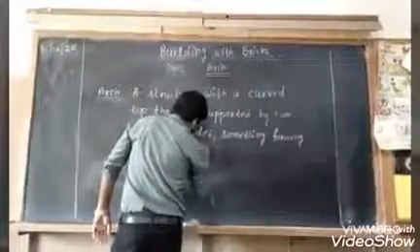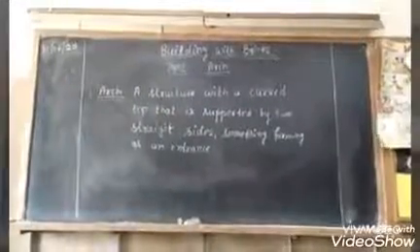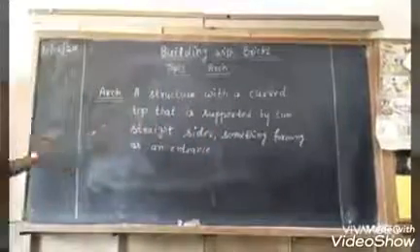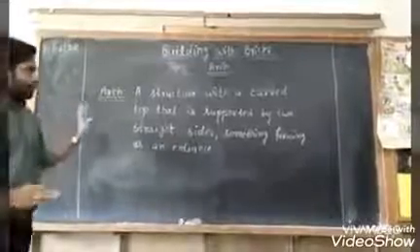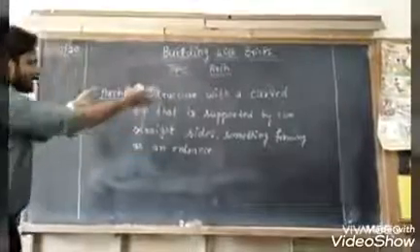It is an arc. Generally you can see this type of shape on some bridges and in mosques also, and in some temples also you can see, I think.